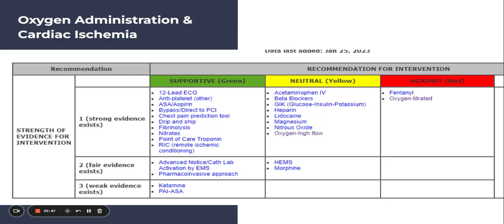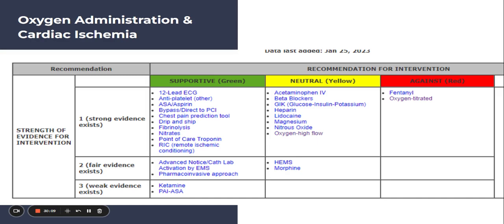So here, this is specifically from the Paramedic Evidence-Based Practice database. If we look at oxygen high flow and oxygen titrated, you can actually see the level of evidence is in the 1, strong evidence for neutrality for oxygen high flow or against for oxygen titrated.